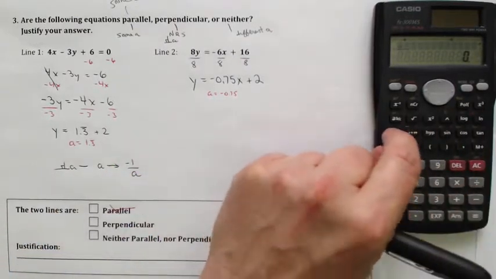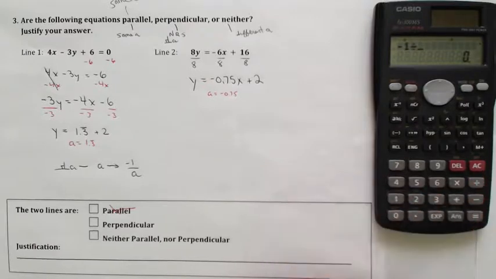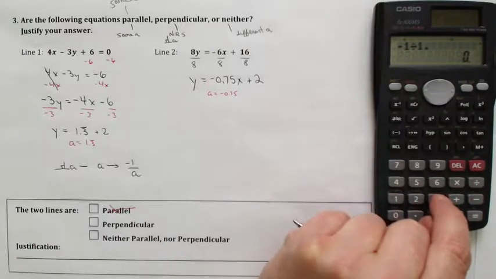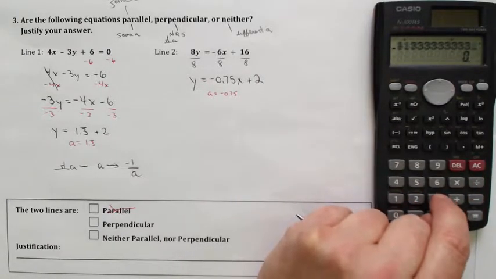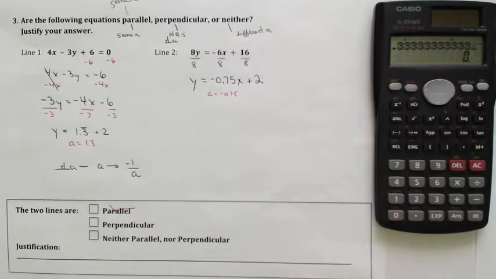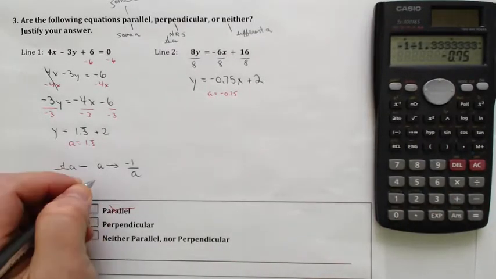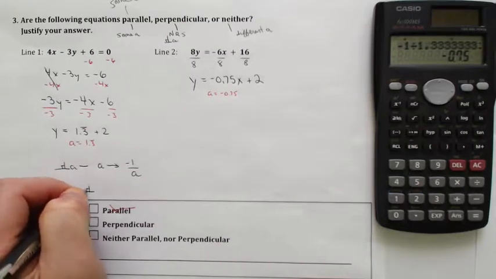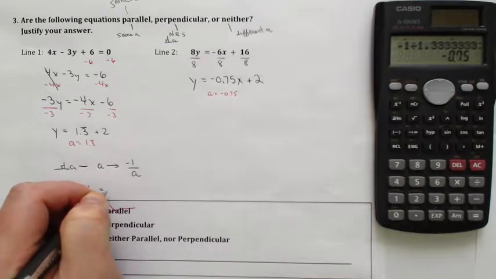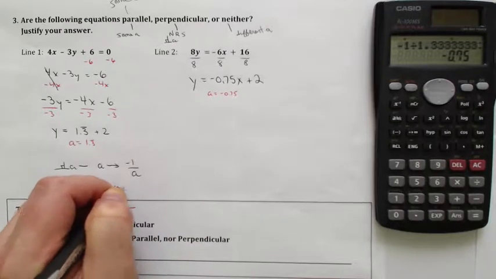So negative 1 divided by 1 point, and now this is important. You want to put as many of those 3's in there as you can. And that's going to come to negative 0.75. So my perpendicular A is equal to negative 0.75.